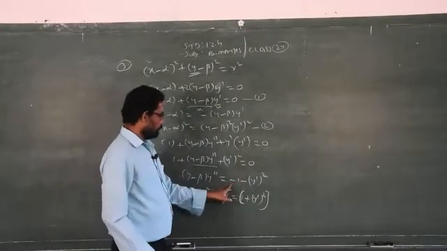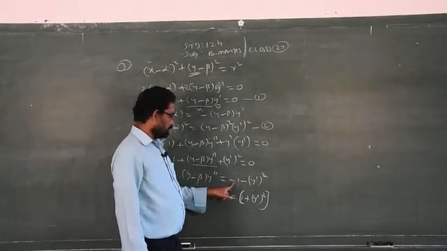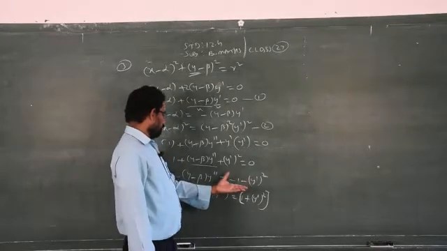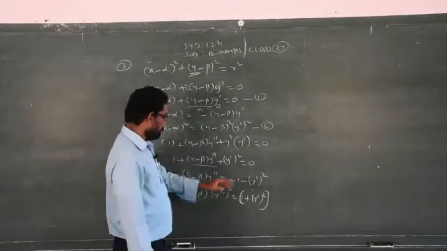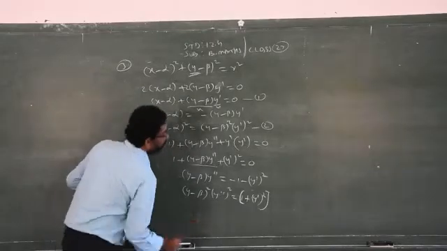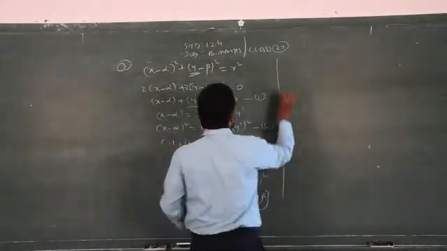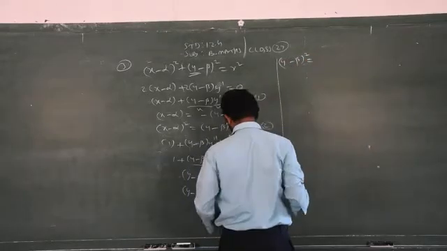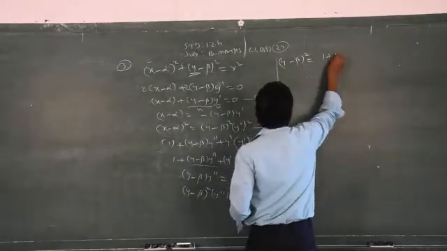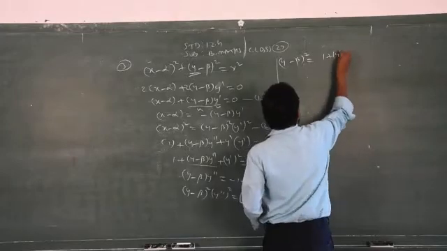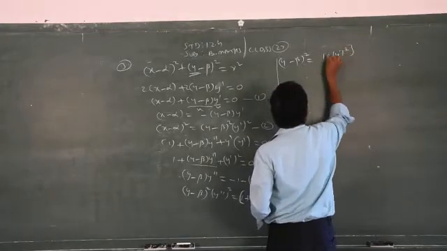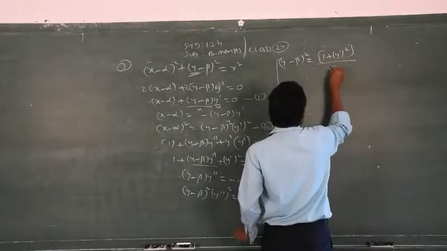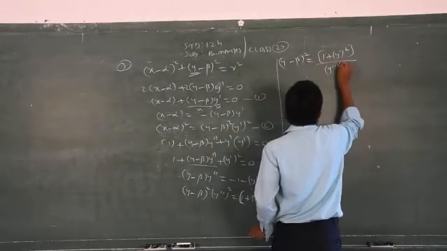I am taking the minus outside, skipping one step, so you get −(1 + (y')²). When you square on both sides, the minus will become positive. Now I need only (y − β) whole squared, which is (1 + (y')²)² divided by (y'')².